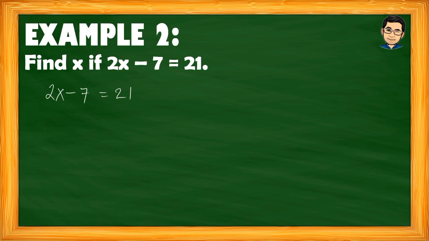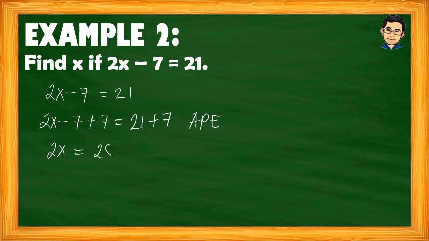So, kung kanina nag-add tayo ng negative, ngayon, since negative 7 siya, mag-add tayo ng positive 7. So, 2x minus 7 plus 7 equals 21 plus 7. Applying addition property of equality. And then, 2x equals, the sum of 21 and 7 is 28.